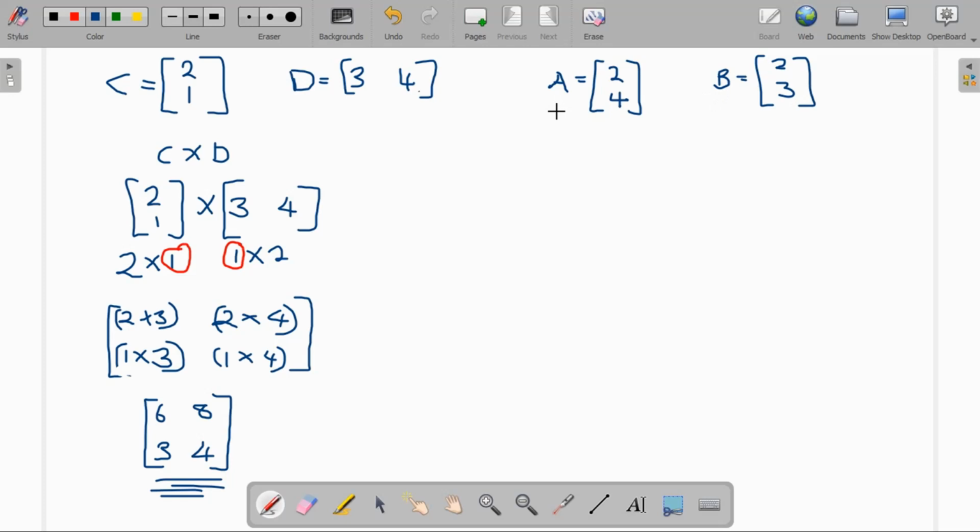So these are the two matrices that we have been given. So A times B, or A multiplied by B. A is this matrix, which has entries 2 and 4, and then we multiply by B, which has those entries 2 and 3.